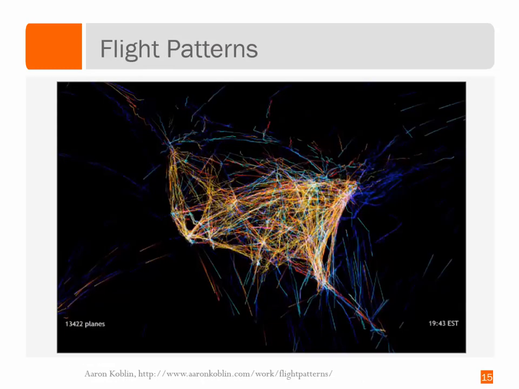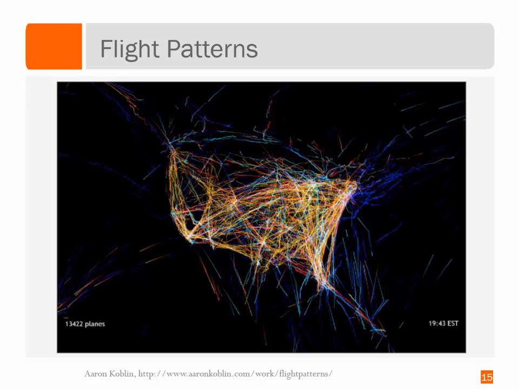We can also look at flight patterns. This is a data visualization provided by Aaron Koblin that demonstrates flight paths in the United States. A couple things to notice about the encoding here. We have different color encoding for different types of flight paths.